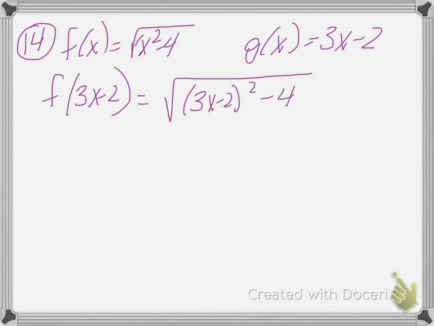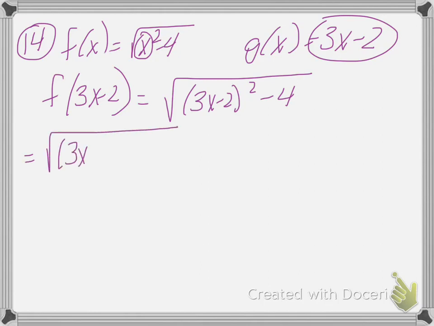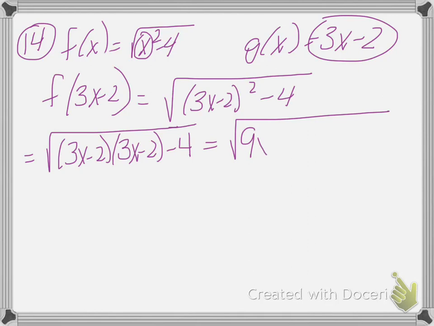Okay, so all I did was replace this x here with 3x minus 2. Okay, and now you're just going to have to do the algebra. So if you expand this, you'll get this. And if you multiply it out, and then you're going to see that those 4's are going to cancel.